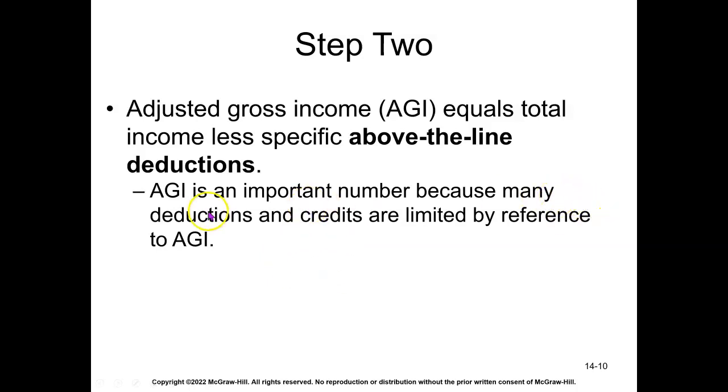So many of the deductions and credits that you would calculate below the line of the AGI are going to be limited or based off of a calculation that uses AGI. So usually the lower you get your AGI, the better, if you have a chance to make an adjustment.